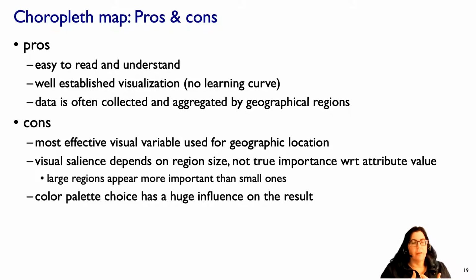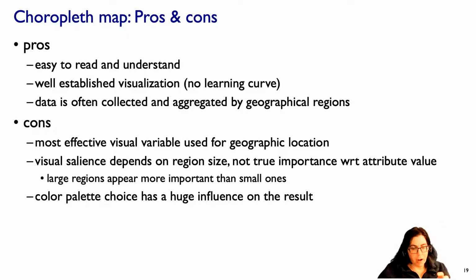Okay, so what is not perfect about these? Well, for one thing, we're using up position, right? The most effective visual variable, the most effective channel, is being used for geographic location, which means we can't use it for anything else. But there's something even deeper, which is an issue here, which is the visual salience of things depends on the size of the region.